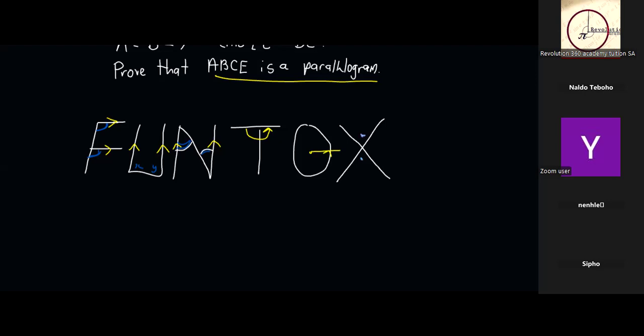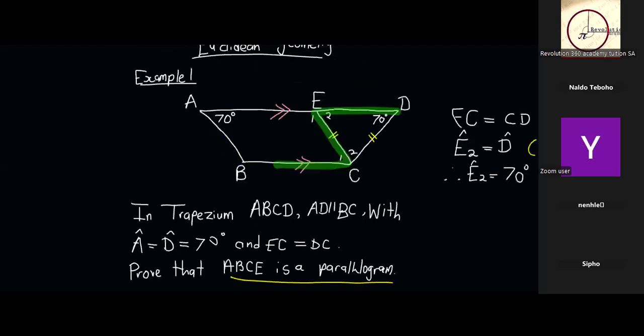Whenever I'm teaching you Euclidean geometry, you must make sure that you write notes and ask where you don't understand. In a case where we are given parallel lines, let's go back to our diagram. I was not supposed to write fun talks, but I want you to see that if I say E2 is equal to C1, you must not be confused.